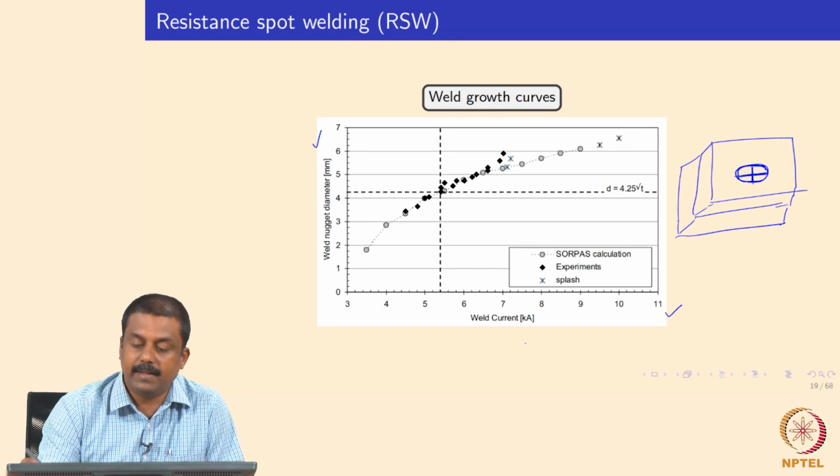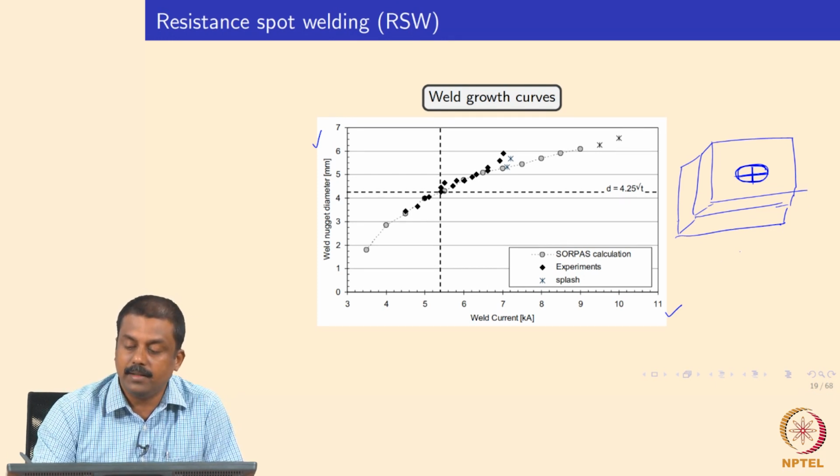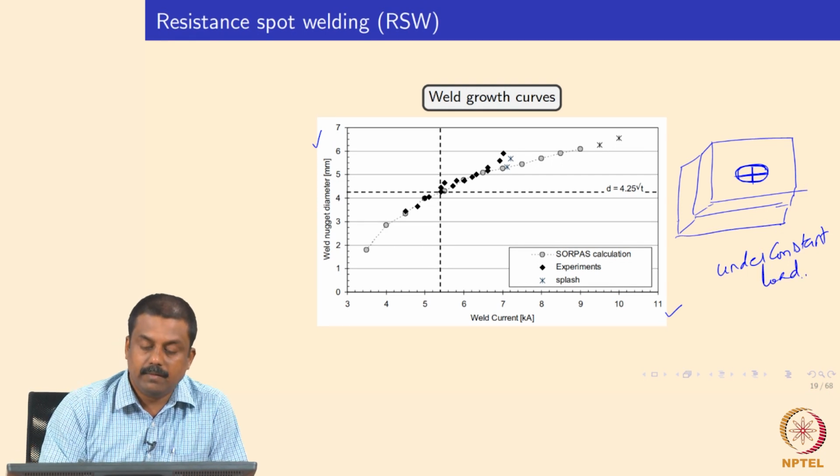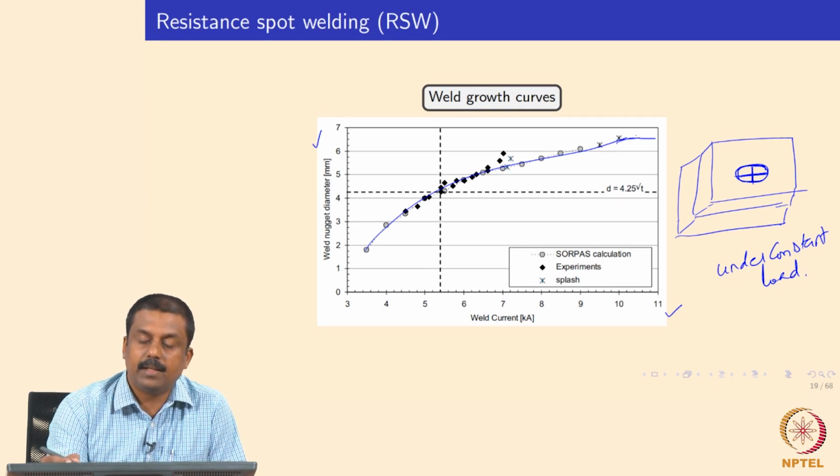So, we measure this weld nugget diameter as a function of welding current, fixing the load constant. Under constant load, we measure the weld nugget diameter as a function of welding current, and generally it follows a curve something like this, and then it stabilizes.